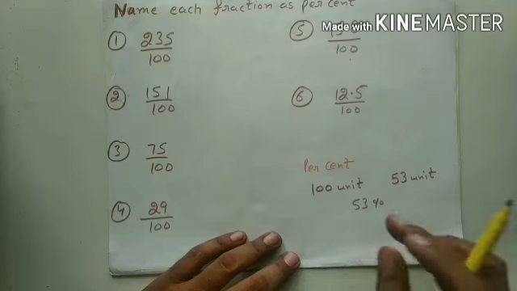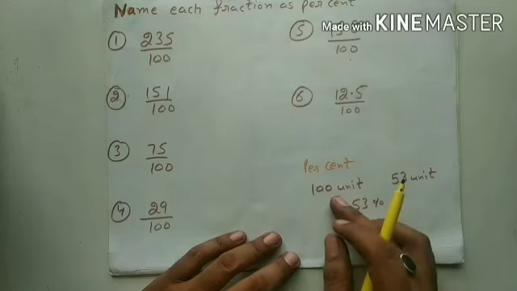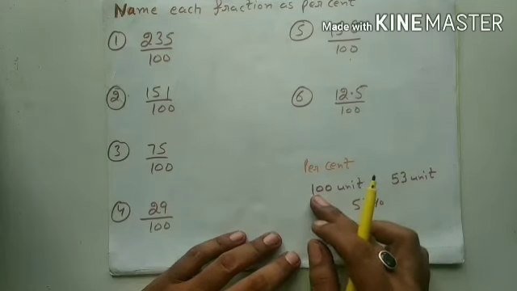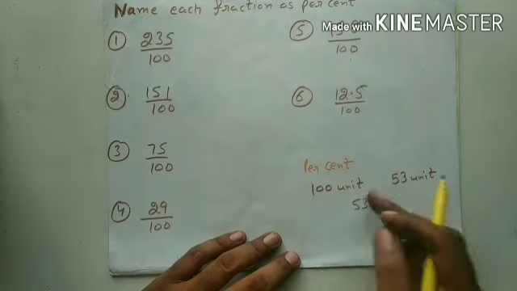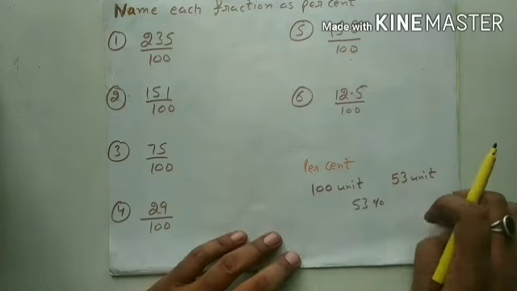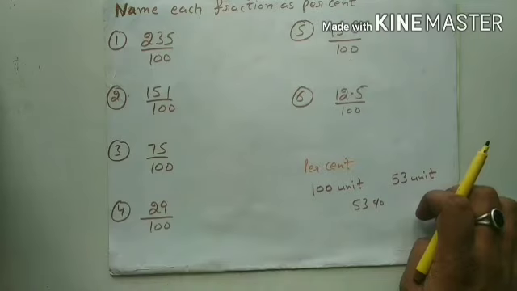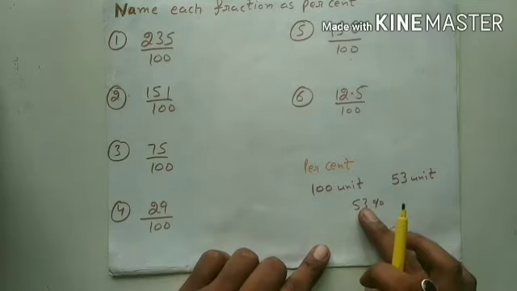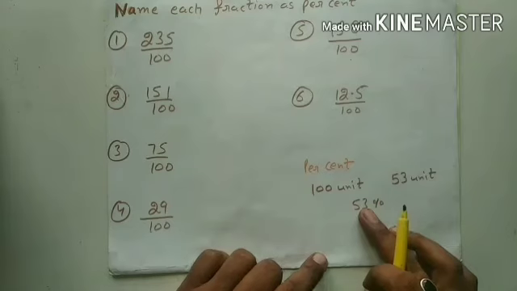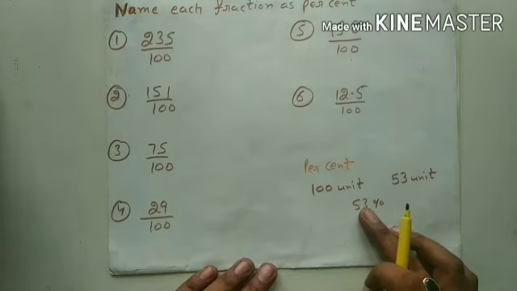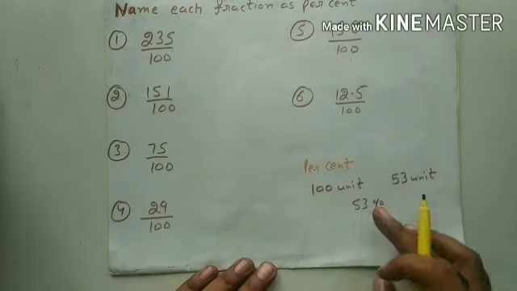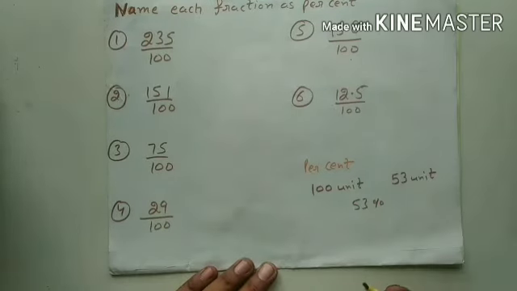Okay. Now if I give you an example, if your paper is of 100 marks and you get 53 marks out of these 100 marks, then how much percent did you get? You got 53%. Okay student.